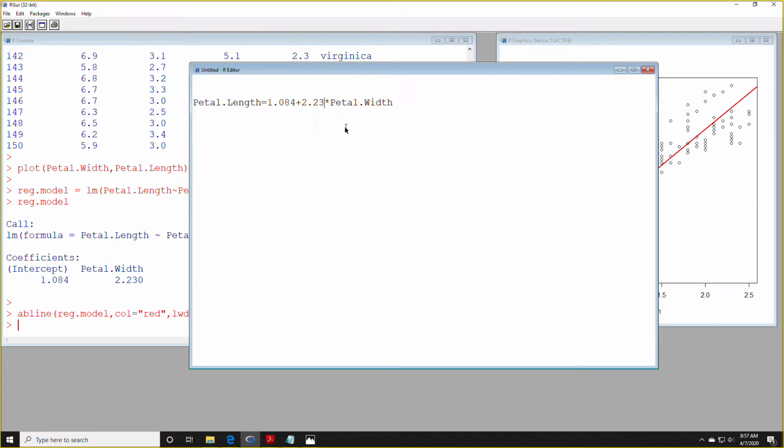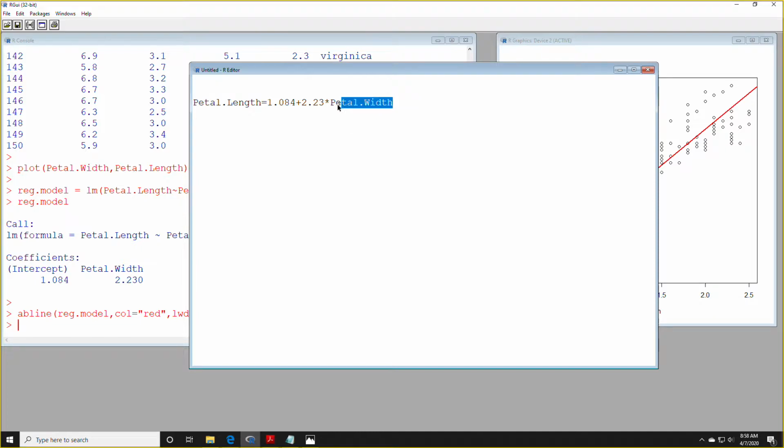I think it's easy to flip that interpretation to begin with, but just think about plugging a 1 in here. Before, when petal width is 0, all I have is this intercept. But think about plugging a 1 in here. Well, now I add 2.23 to this, I'm adding that to petal length.